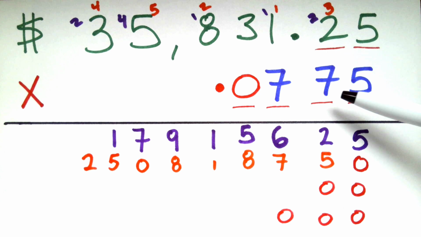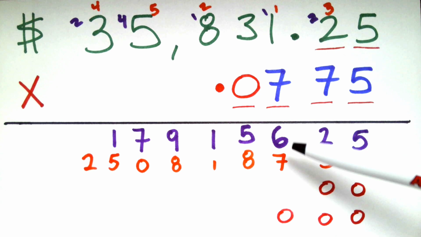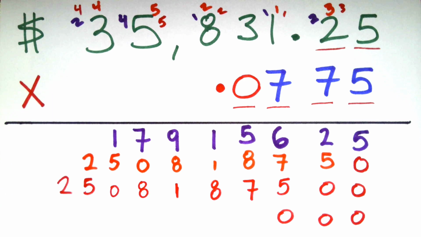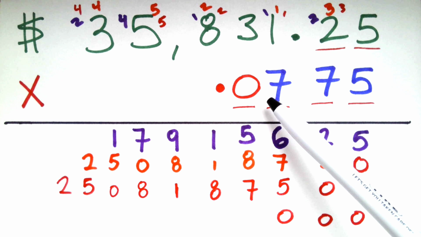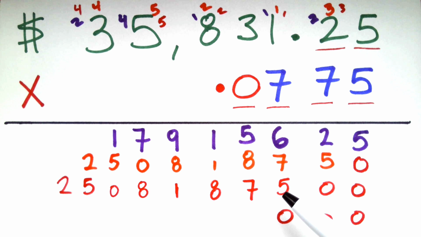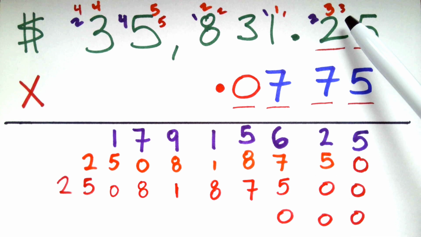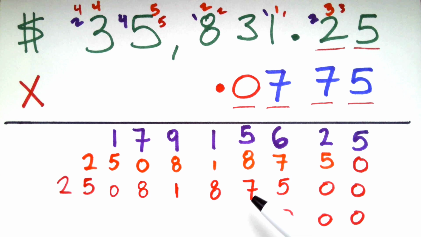Let's multiply this other 7. Starting here, 7 times 5. What are you going to get? All right, 7 times 5 is 35. I put my 5 here. I'll put the 3 up in red. 7 times 2 is 14, 15, 16, 17. I'll put the 7 down.